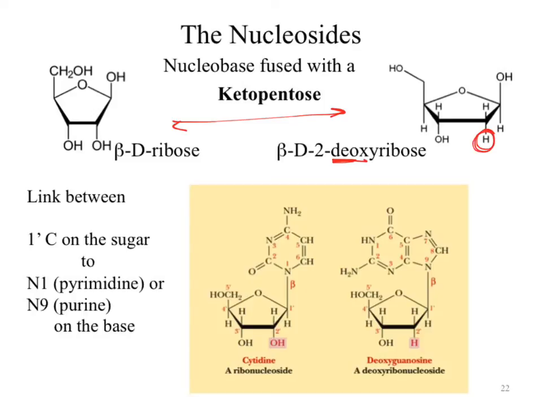You just lost an OH. We removed one OH. Everything else is exactly the same. It's just an O, because you still have the H. It's a trade of an oxygen for a hydrogen on that structure.